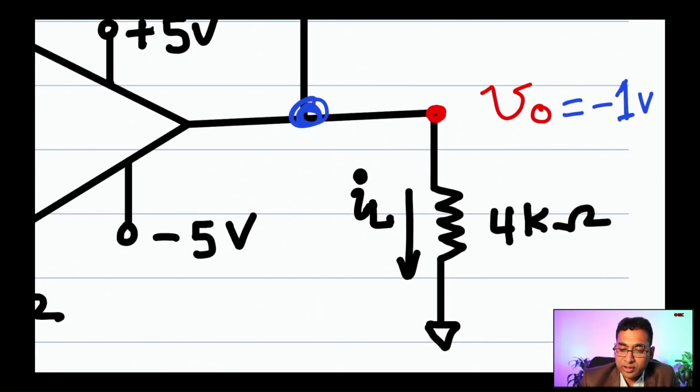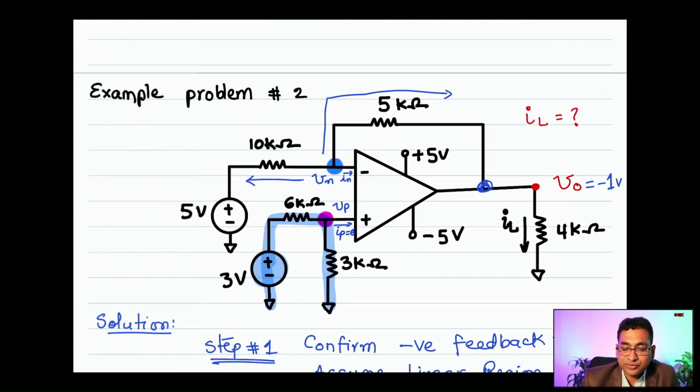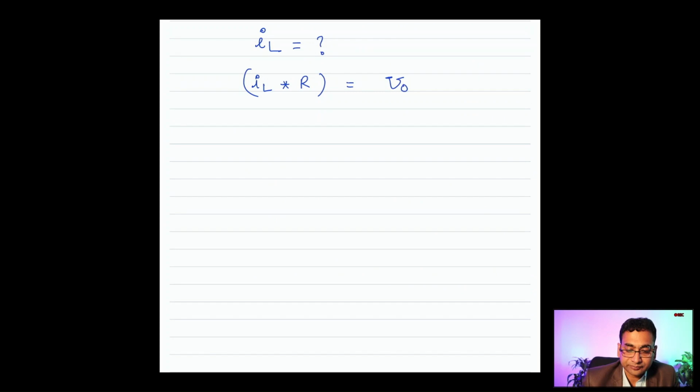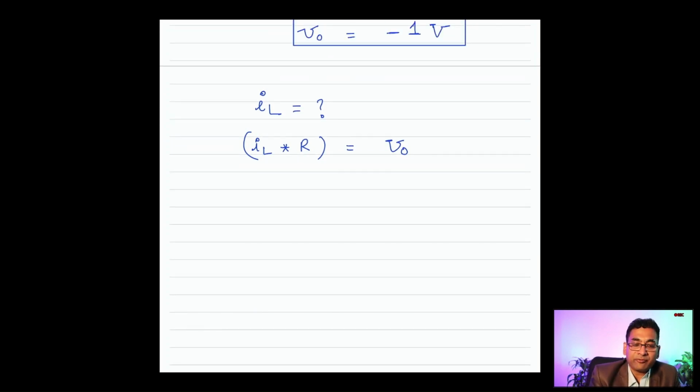So 4 kilo ohms multiplied by the current; the voltage is given by the product of current and the resistance, right? So we have a value for R, which is 4 kilo ohms.